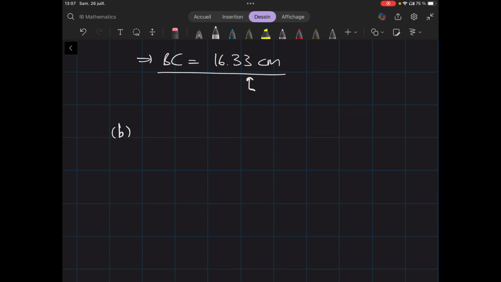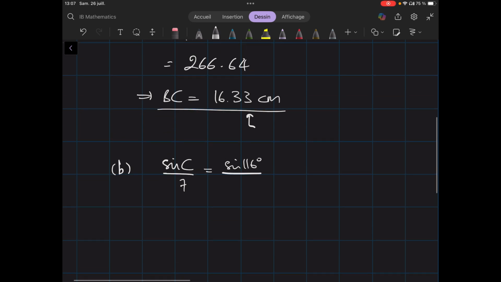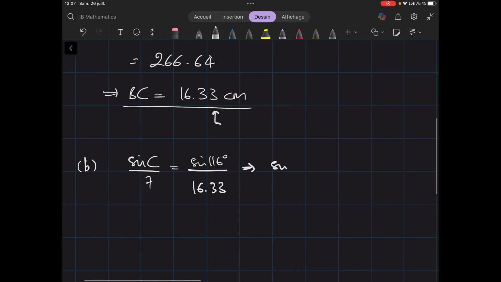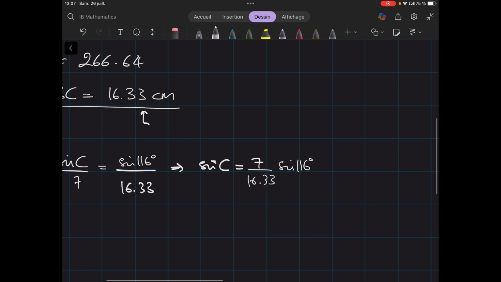Using the sine rule, we have sine of C divided by 7 is equal to sine of 116 divided by BC, 16.33. Therefore, sine of C is equal to this expression, and you will get 26.33 degrees.